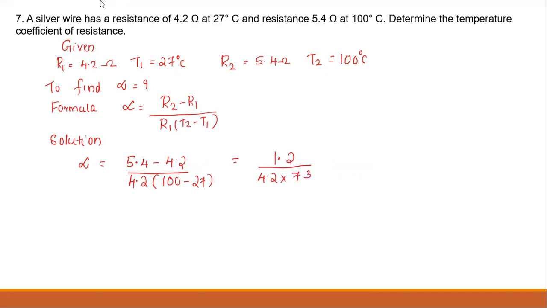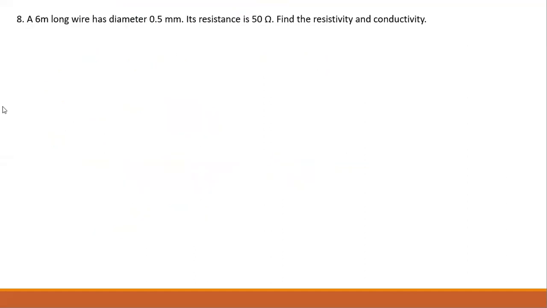On solving this, we will get alpha is equal to 3.91 into 10 raised to minus 3 per degree Celsius. This is the temperature coefficient. I hope you all understood the solution. Let us solve the next question.